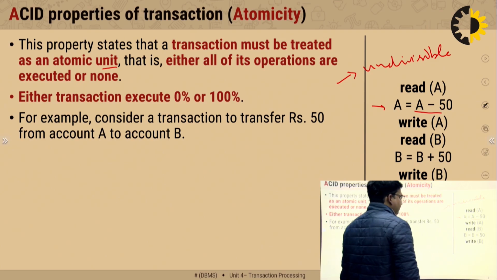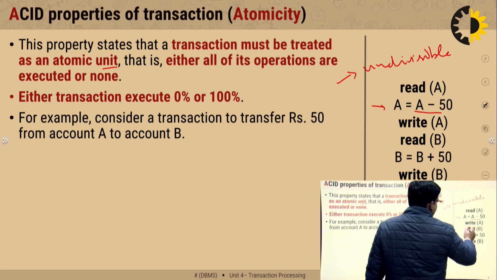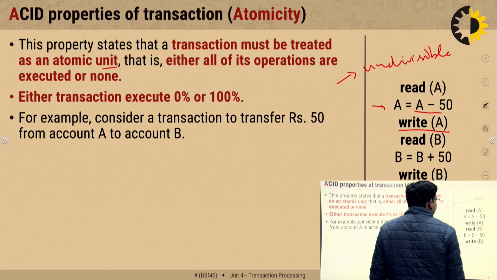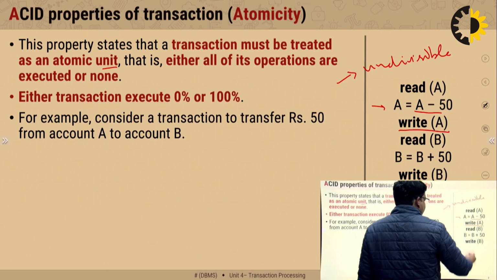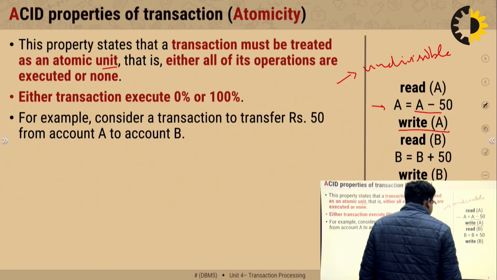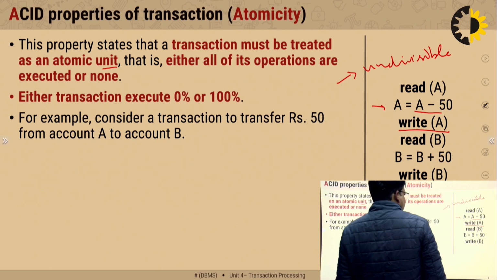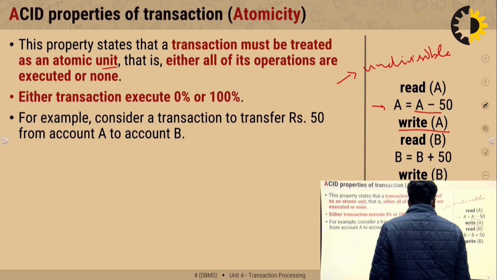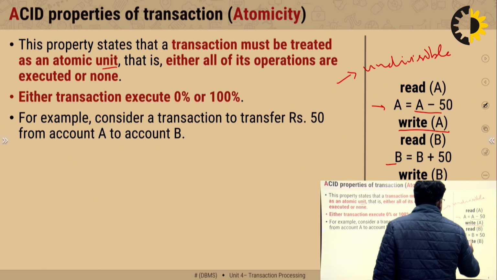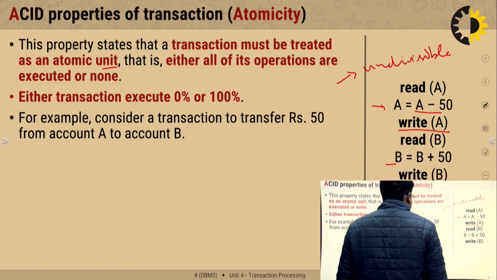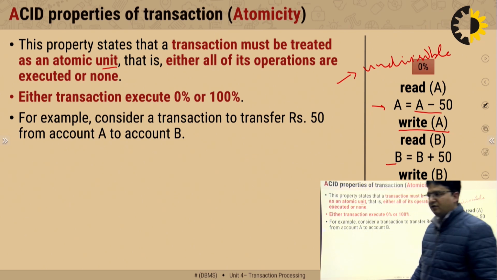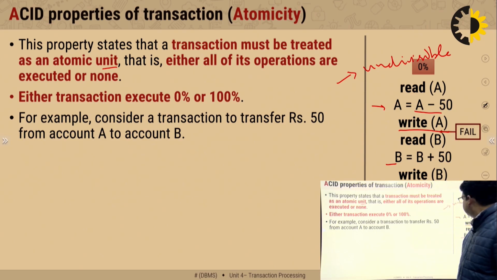Thereafter we need to write back the value to the disk from the buffer. For that we need the write operation. Afterwards we read the value of item B, then the updated value is B equals B plus 50, and write B. This is how we are going to write this transaction.